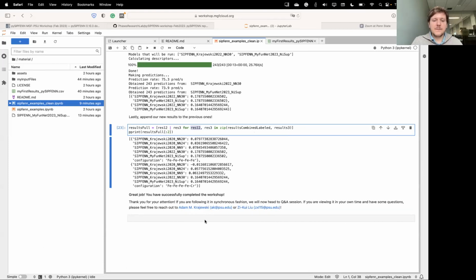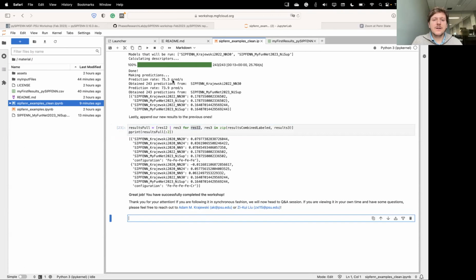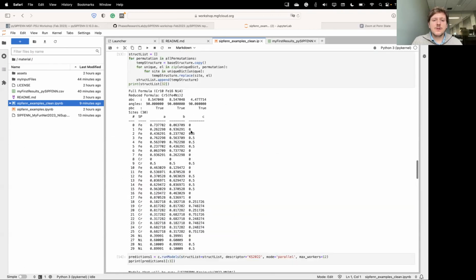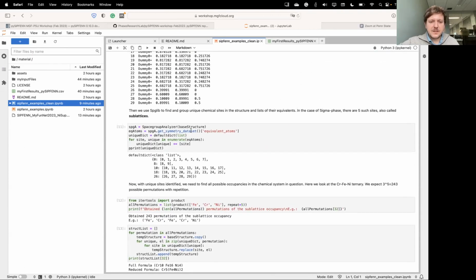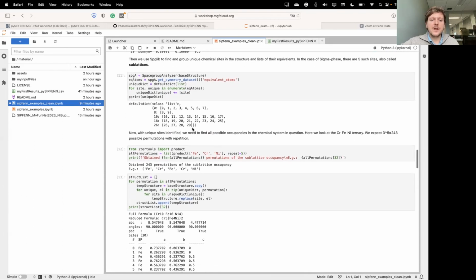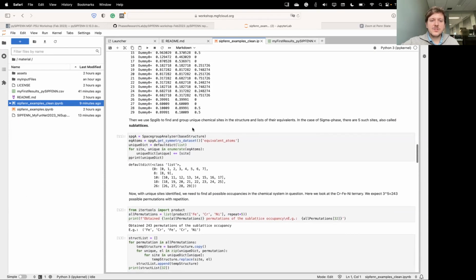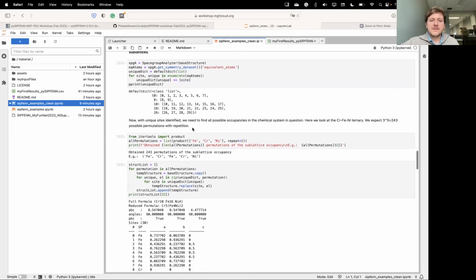So if we go a bit higher within this workshop notebook, we established that within the structure of sigma phase, we have 5 unique sites, which are then repeated in the structure based on the symmetry. So if you put an atom on this site, the symmetry is going to populate all of the others.